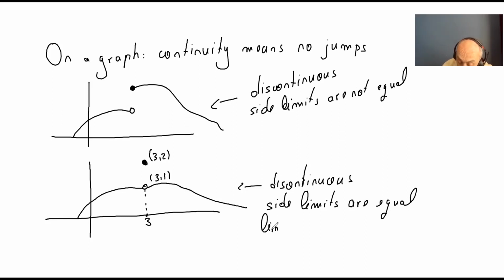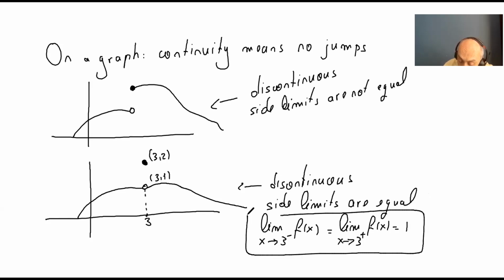So the limit as x approaches 3 from the left of f of x, in this case, let's say is equal to the limit as x approaches 3 from the right of f of x, and is equal to 1, this value. So the limit exists, but it's not equal to f of 3, which is 2. So that's the reason why this function is discontinuous.